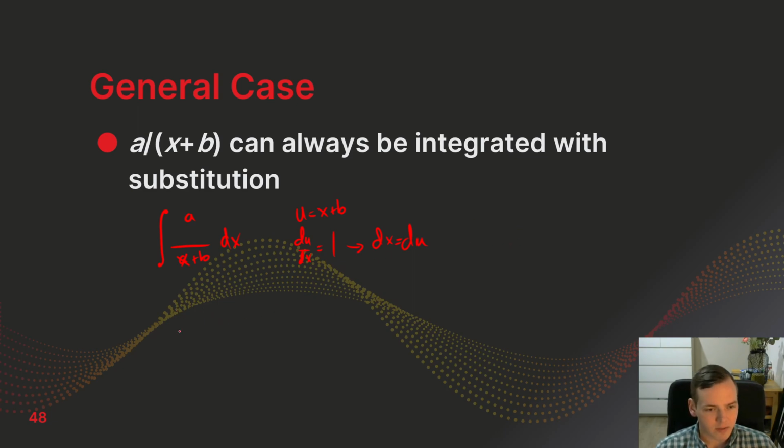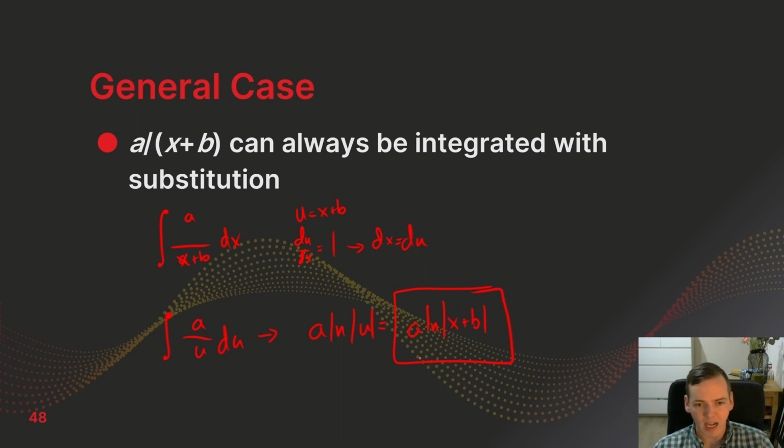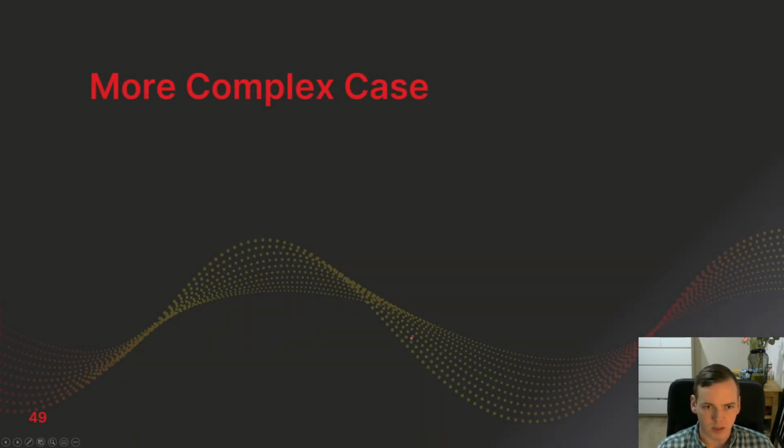And so that gives us the integral of a over u du, which, if you do the work through this, you'll end up with a ln of u, which is also equal to a ln absolute value x plus b. So anytime that we have a over x plus b, that can be integrated using substitution.